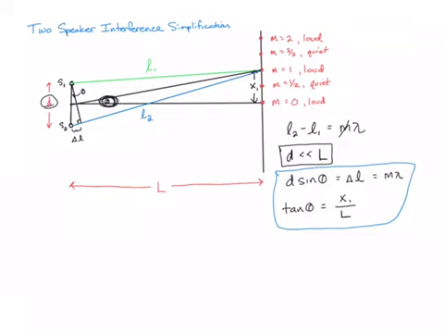D sine theta equals m lambda, and tan theta equals x1 over L. So let's use that to solve a problem.